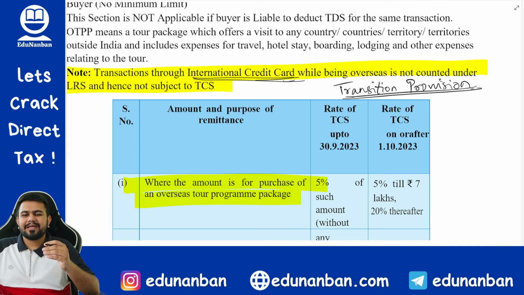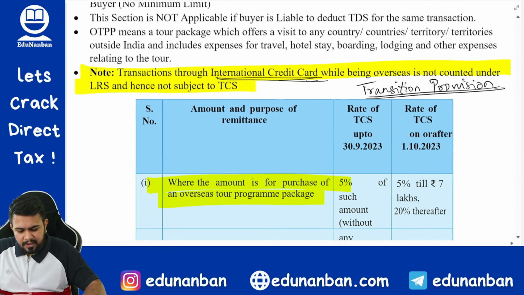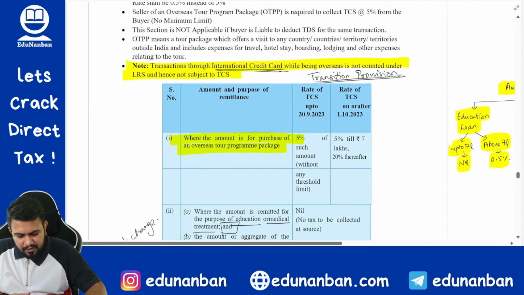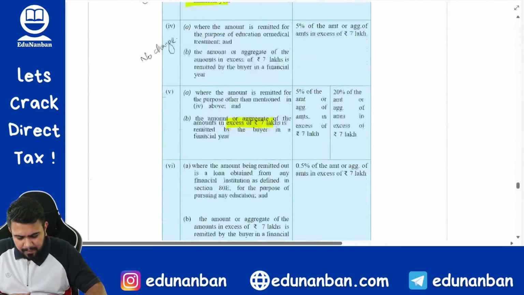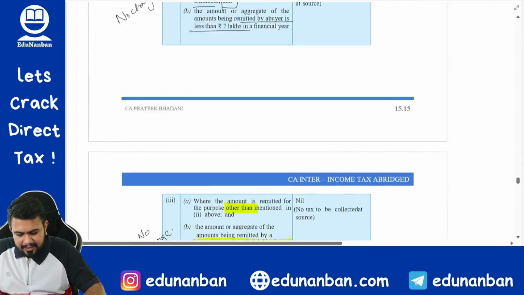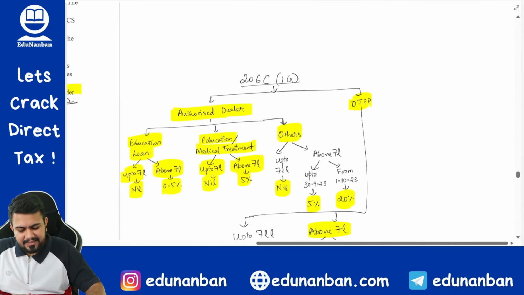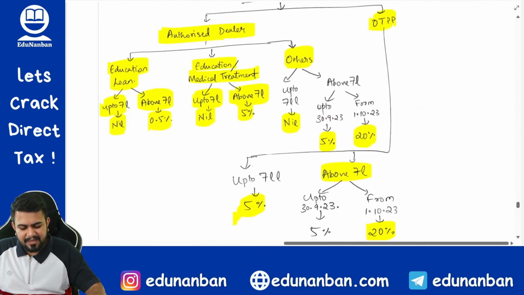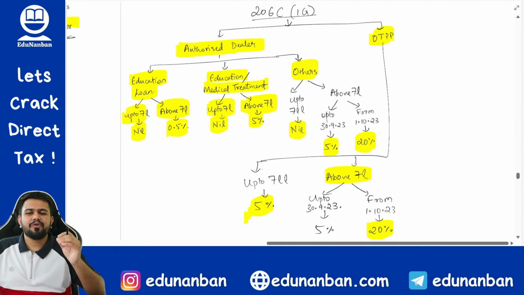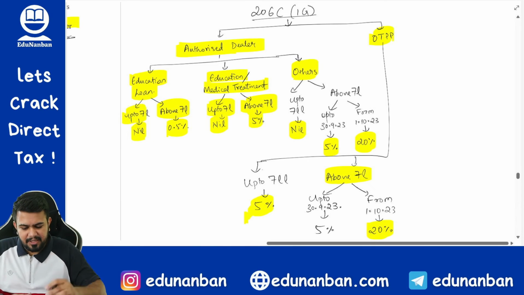Hence, on those credit card transactions, TCS will not be collected. Okay, this is one small note, so this also you have to note down. Fine. So now I want you to go through this table, and you will have even more clarity, and this chart will be enough for you to have absolute clarity in this section and to attempt any question.